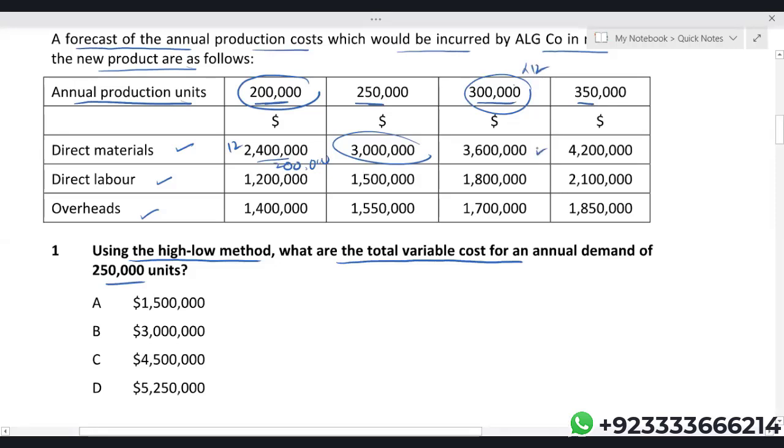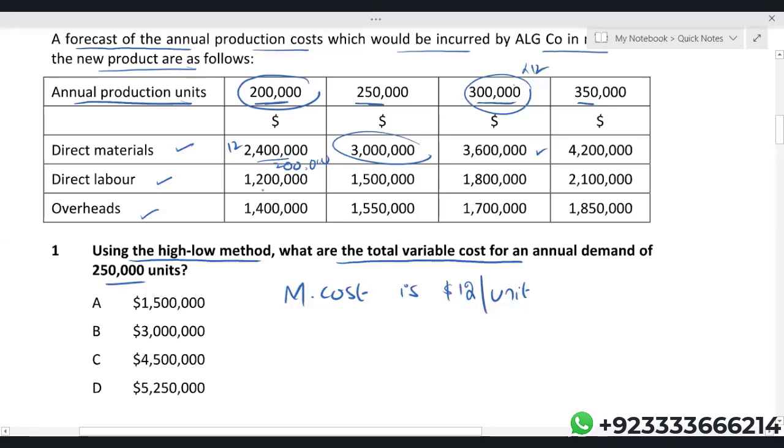Yes, we are getting that. So direct material cost is $12 per unit, and it's a variable cost.